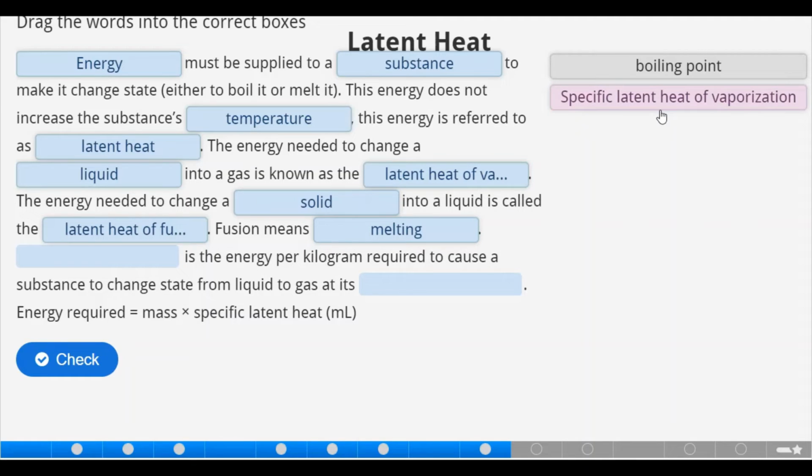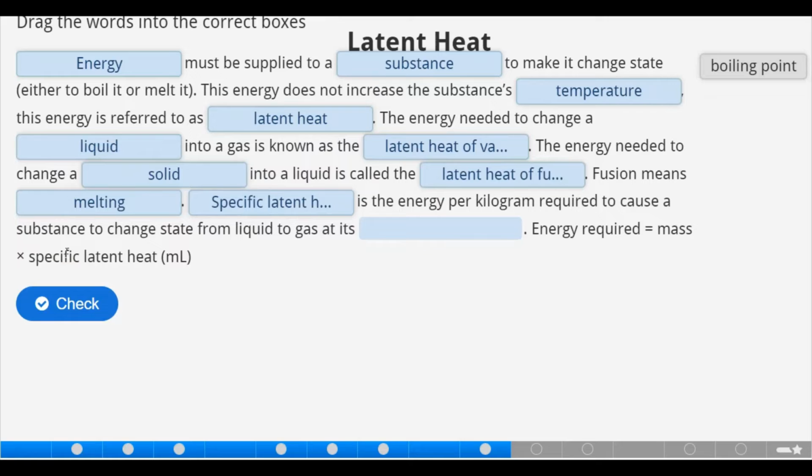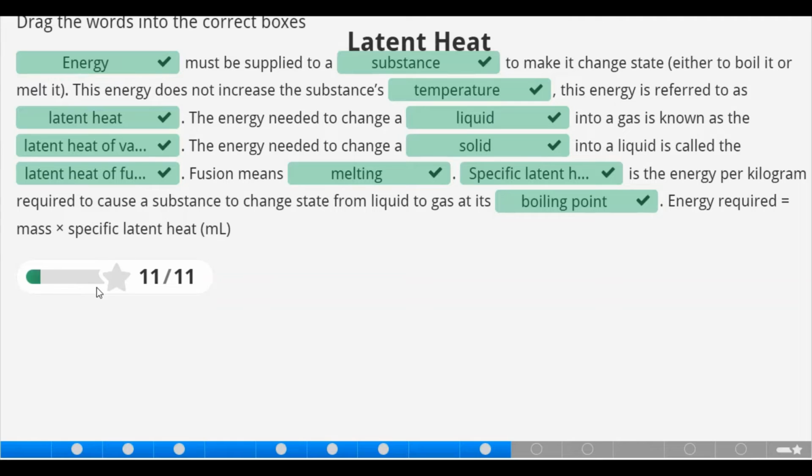Specific latent heat of vaporization is the energy per kilogram required to cause a substance to change from liquid to gas at its boiling point. Energy required is equal to mass times specific latent heat. So we check. That's all correct.